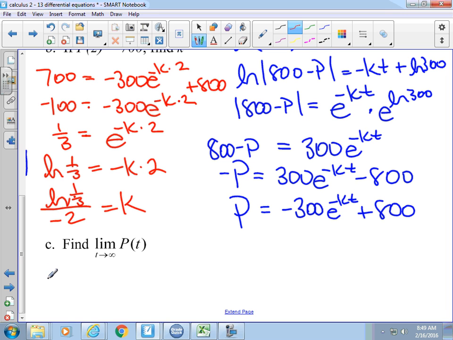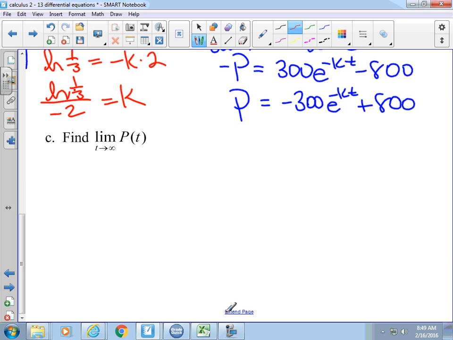The one thing you will want to know is whether this number is positive or negative. You're going to need to know that for part C. And I'm going to pretend it's non-calculator, and I'm going to reason through that. It is already a negative, so negative, negative, I just get natural log of a third divided by 2. Does everyone agree with that?